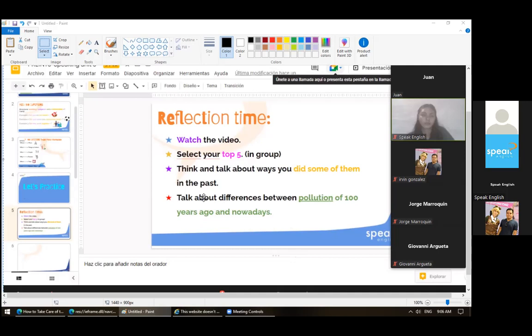And we talked about this top five, and different ways to say the word. So it's important to conscientize the people, maybe the family, friends.